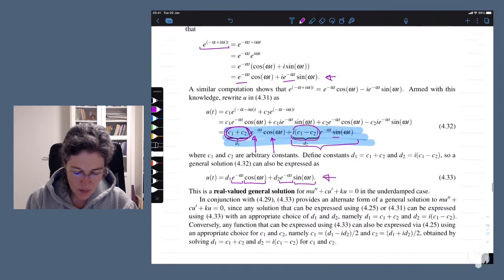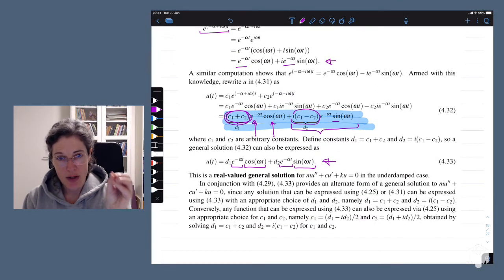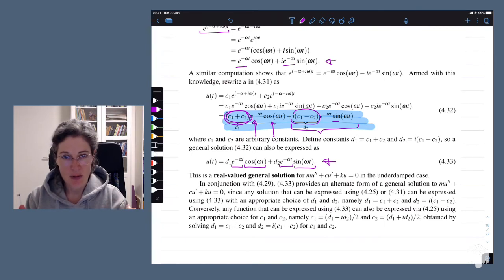Or you can think about it using our alpha and omega right from the beginning and solve like that. So it's entirely up to you. The key thing is being able to go from the initial equation through the complex bit and get to your real solution at the end, because the real solution is kind of what we're looking for, and understanding the real solution is really what's important.